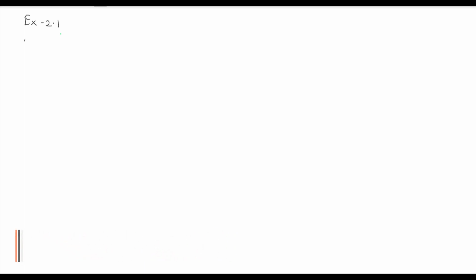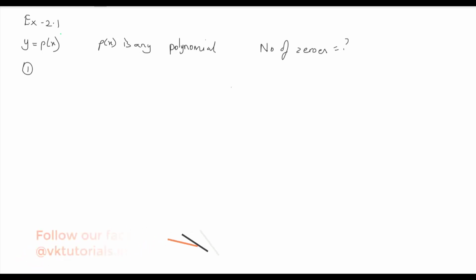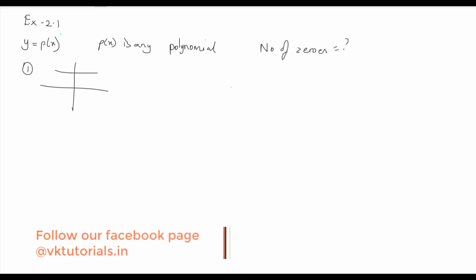So here the polynomial graphs are y equal to p of x, where p of x is any polynomial. Seeing the graph, we have to find the number of zeros. From the first polynomial graph, as we can see, the graph is a straight line.